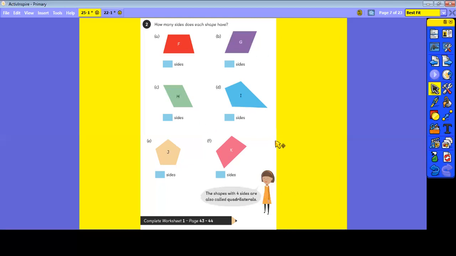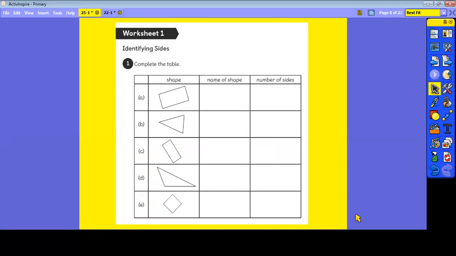So once you've completed the guided practice, which I'm sure you'll Zoom through, then could you please go to worksheet 1 in your workbooks, pages 43 to 44. So there's 2 pages, okay? And remember, it's the new chapter, the chapter on shape, chapter 11. You'll find that you've got 2 pages of activities where you're naming shapes and counting the number of sides, and completing the table for question 1.